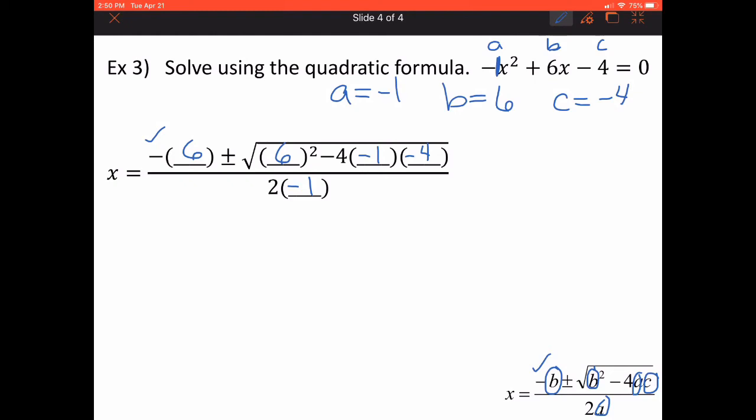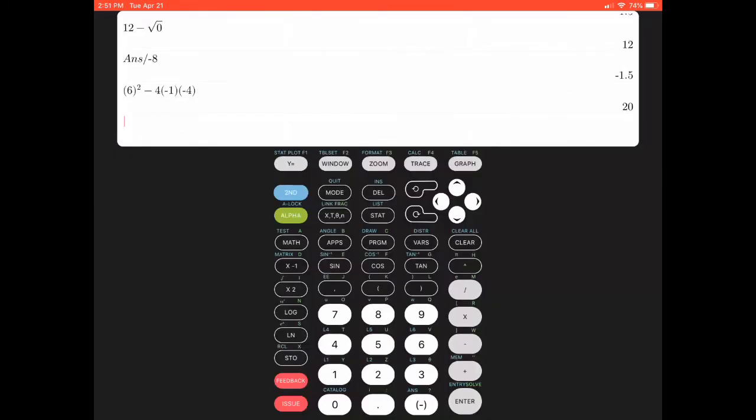We're going to do what's underneath the square root first. So I need to figure out what 6 squared, make sure it's in parentheses, minus 4 times negative 1 times negative 4 is. So it's 20.